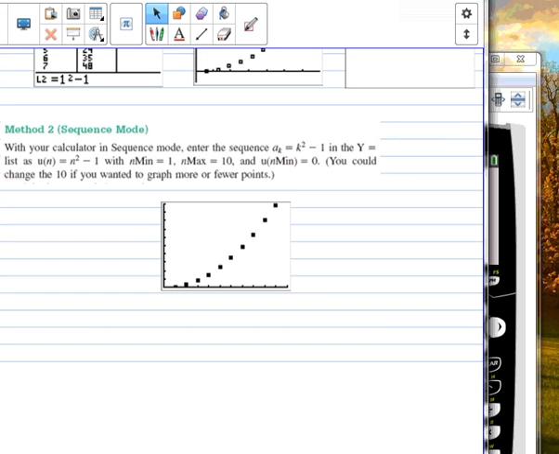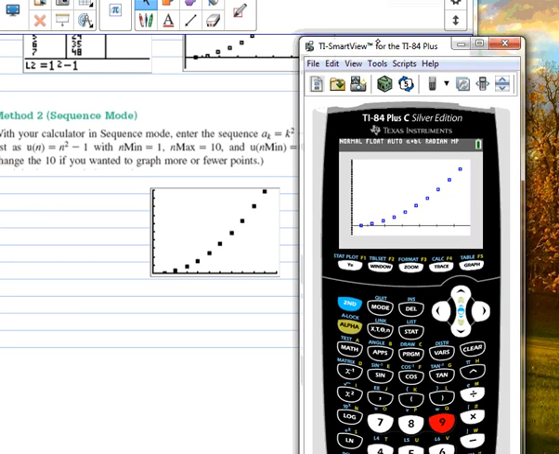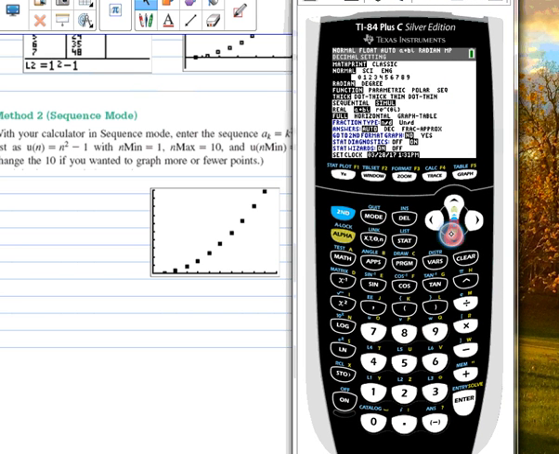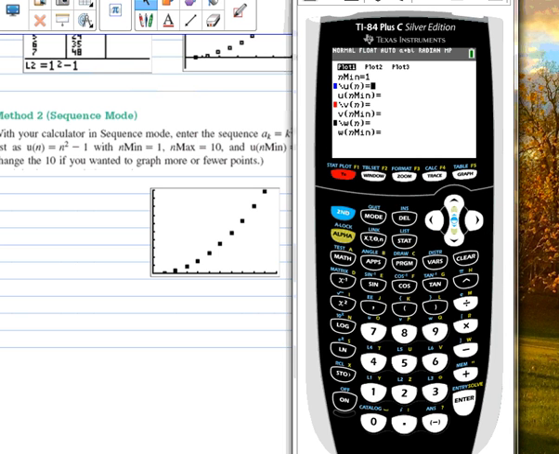So sequence mode, where we change all our modes on the calculator, the mode button. And then instead of function mode, we have now covered all the modes. Sequence mode. Now when you hit y equals, it's u sub n. I'm going to go up and turn off my plot 1.